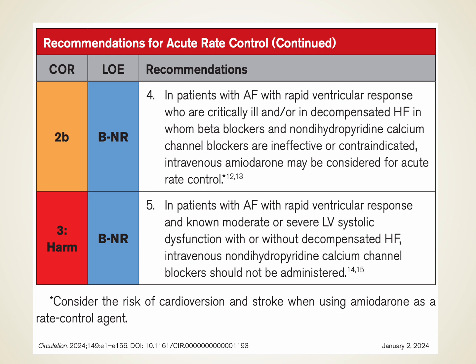Other issues to think about related to acute rate control revolve around what you do in somebody with decompensated heart failure, and there's an algorithm or chart in a bit that talks about that. If you have somebody with severe left ventricular systolic dysfunction, then you need to be particularly careful about avoiding diltiazem.